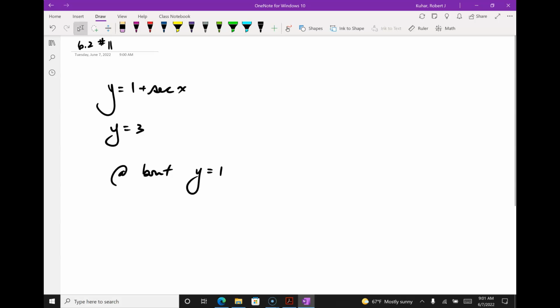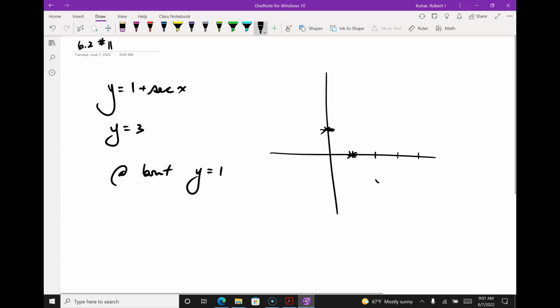I probably need some help on this, but I certainly can draw the cosine curve, which will help me draw the secant, plus 1, and then y equals 3.